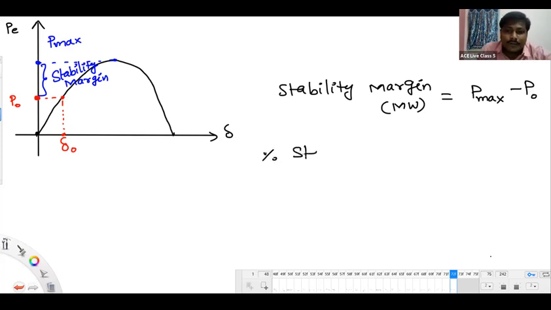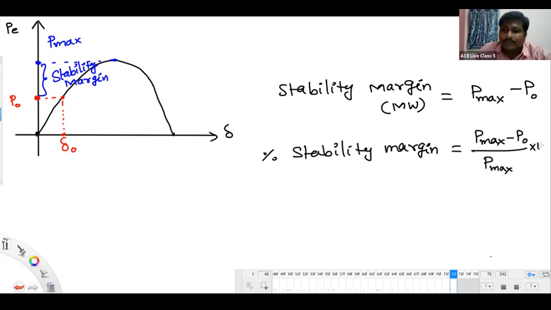Percentage stability margin is P maximum minus P naught by P maximum into 100%. Clear?